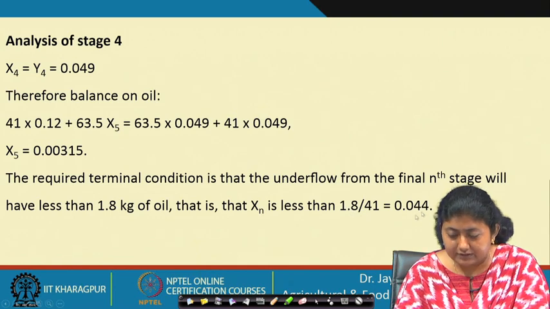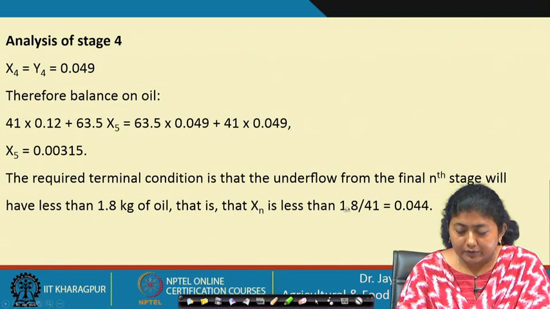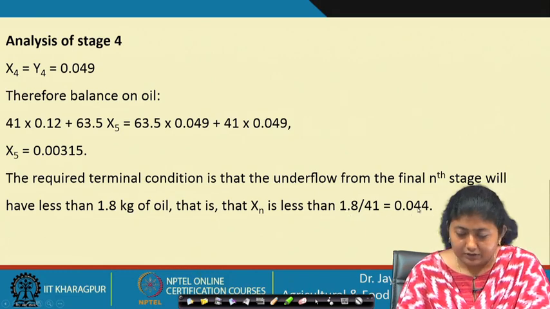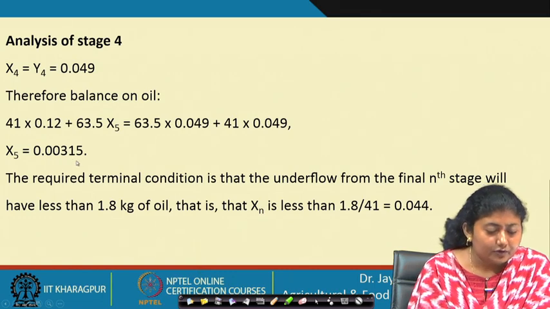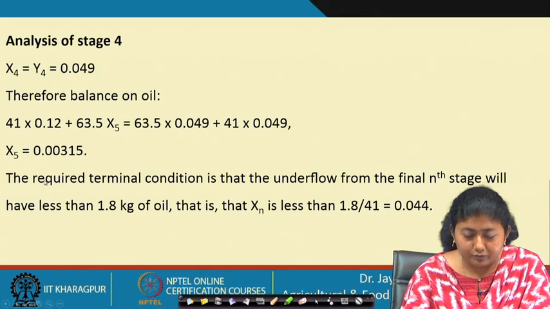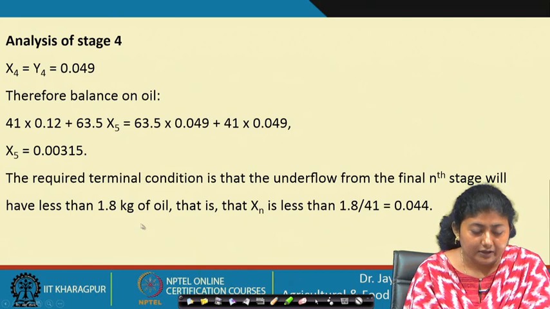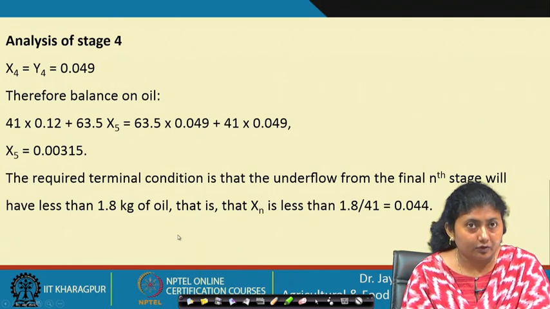So, at least lesser than this fraction we need to find out. So, 1.8 by 41 is 0.044, and here we are getting 0.00315. So, after the fifth stage, we have achieved the condition that 90% extraction of the oil has been done from the sample.